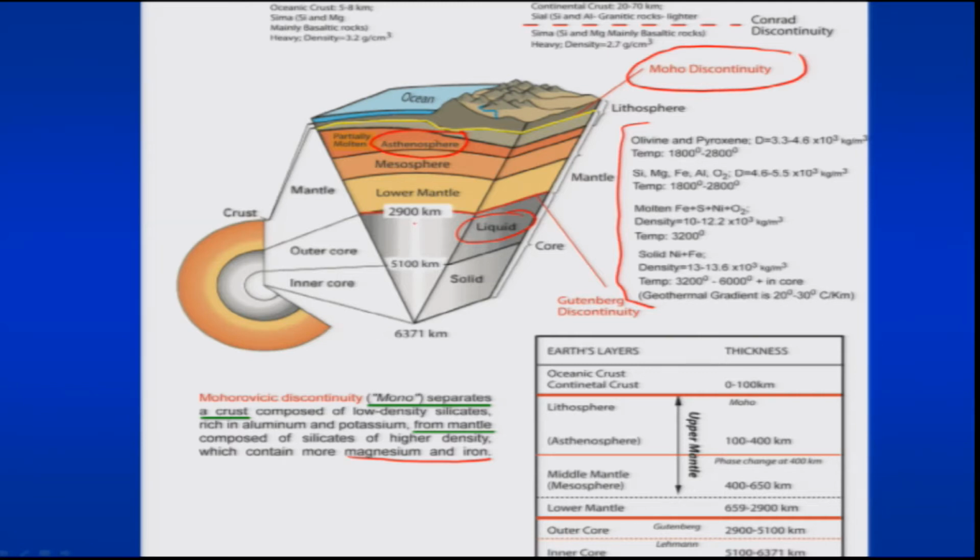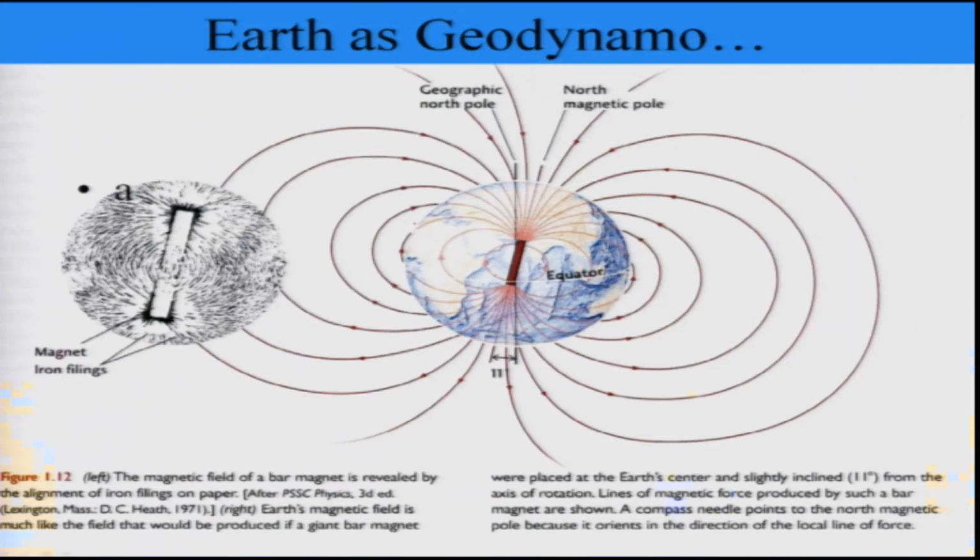The second reason given is that in the liquid core the convection currents are much higher. The motion is very rapid as compared to the asthenosphere. So these are some very important facts to understand why we call Earth a geodynamo.